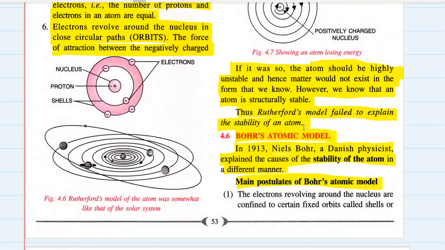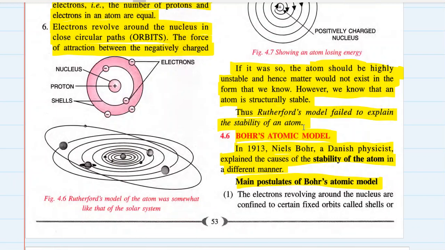But the stability of an atom, as explained by Rutherford, was not accurate. He did not give any idea regarding how electrons were located in those orbits. How many electrons were there, and all the details regarding the electrons were not given by Rutherford.